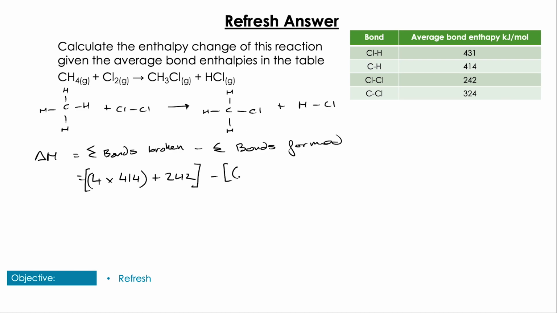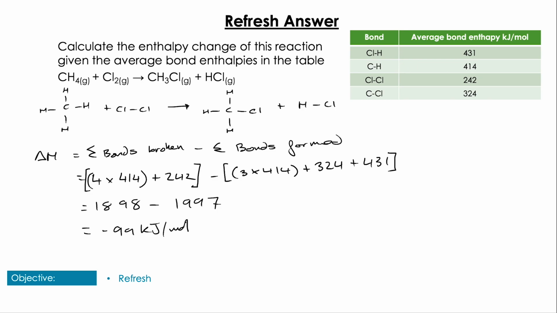And from that, we're going to subtract 3 times 414 for all the CH bonds, plus 1 times 324 for the CCl bond, plus 1 times 431 for the HCl bond. That leaves us 1898 minus 1997, which is minus 99 kilojoules per mole.